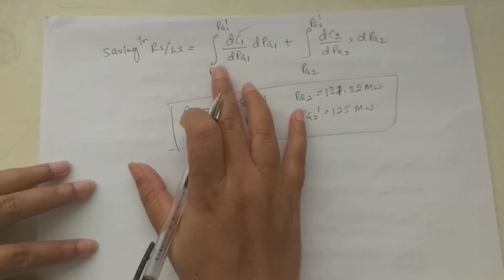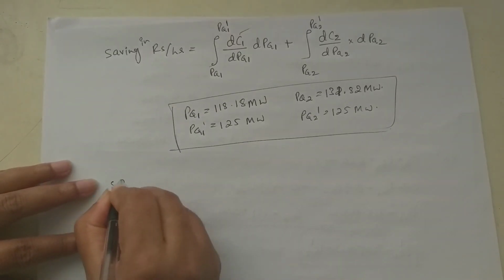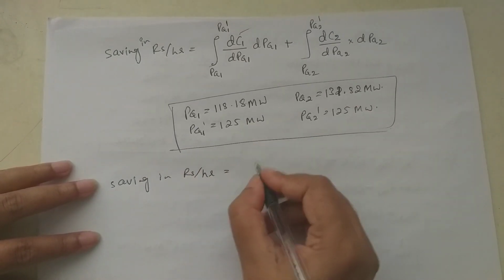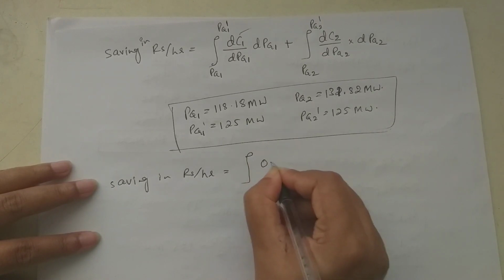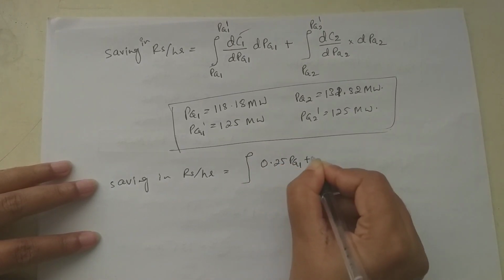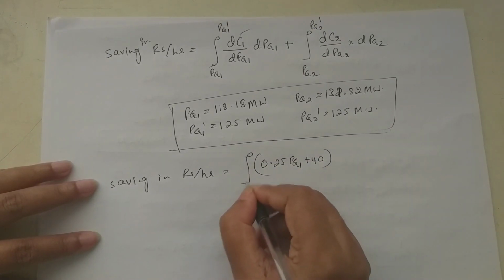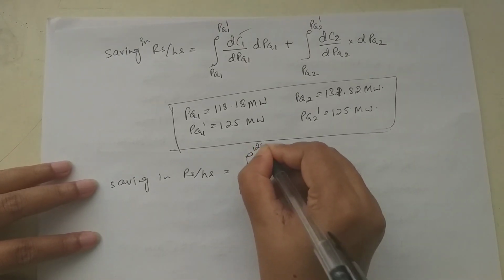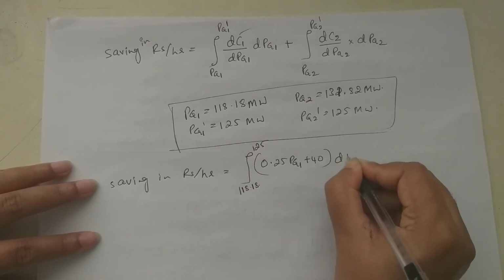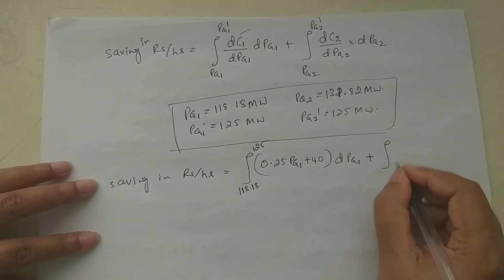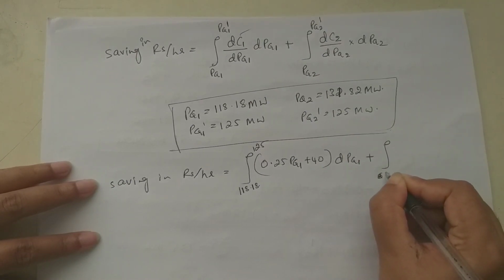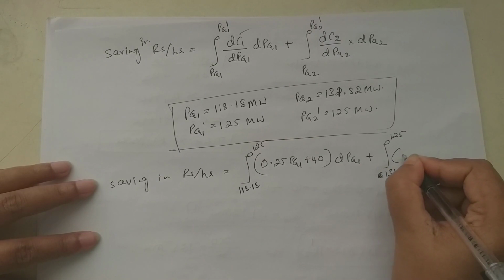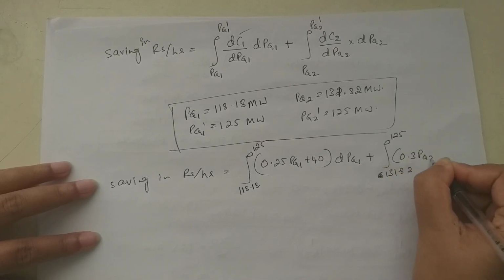Substituting here, saving in rupees per hour is equal to the integration of 0.25 Pg1 plus 40, with the integral varying from 118.18 to 125, with respect to dPg1, plus the integration of 0.3 Pg2 plus 30 from 131.82 to 125.